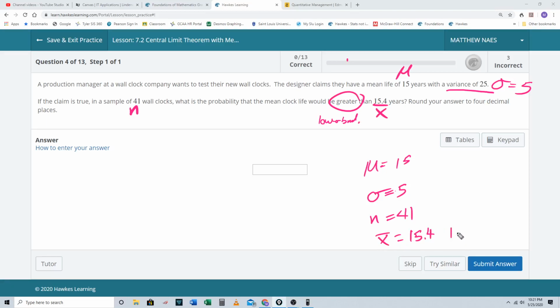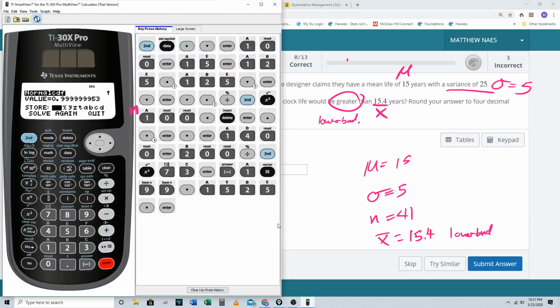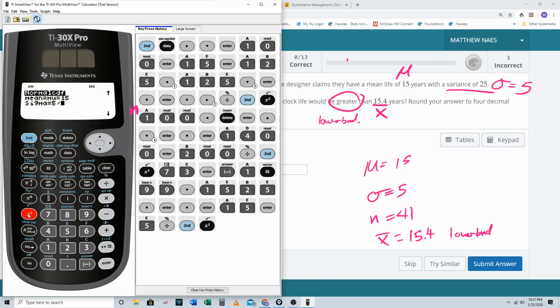We're changing the lower bound, because it says greater than. So solve again. 15, and again, this has to be written as 5 divided by the square root of 41. Press enter. And we change the lower bound to 15.4, and we leave the upper bound as 1E99.